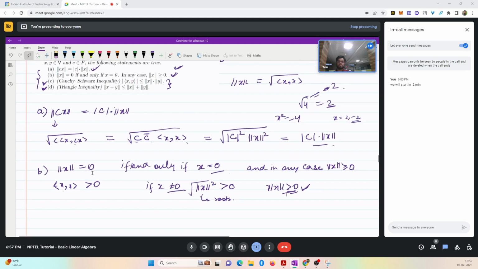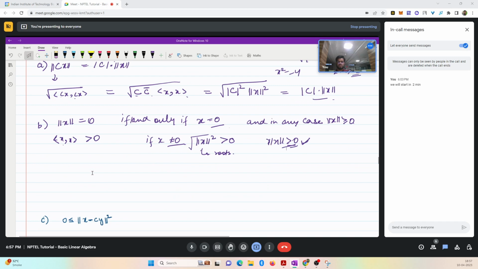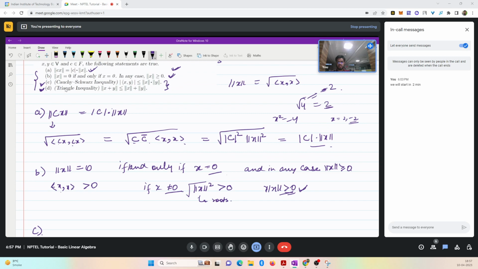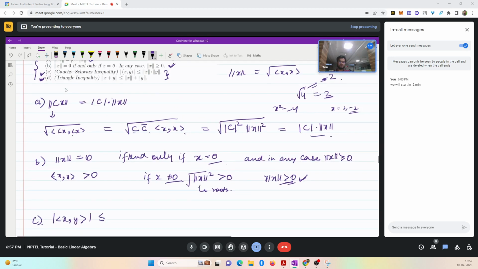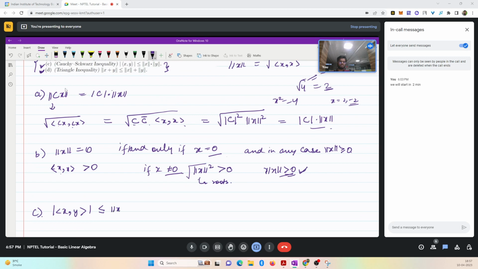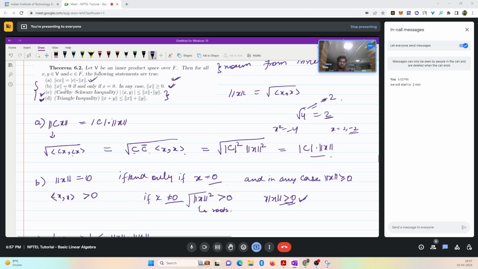I'll straight away move to the Cauchy-Schwarz inequality. Now what does Cauchy-Schwarz inequality say? This says that if you take the inner product between x and y and you take mod of it, this thing is less than or equal to norm of x into norm of y.